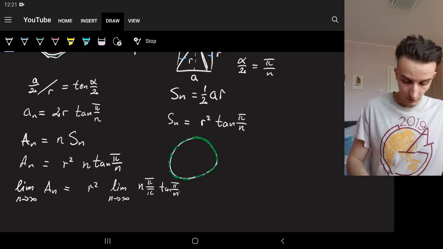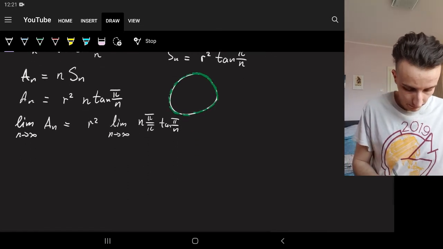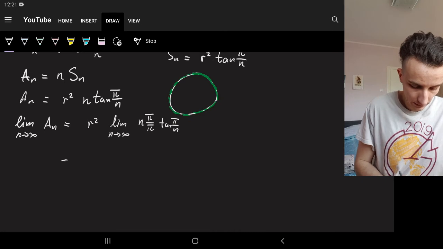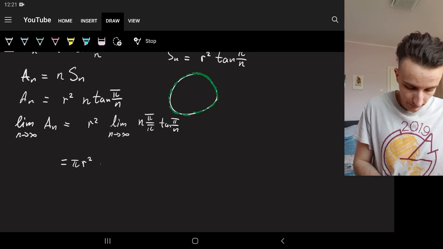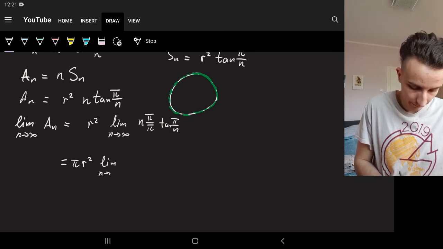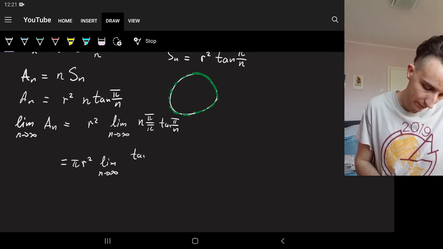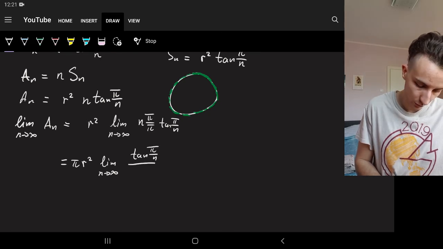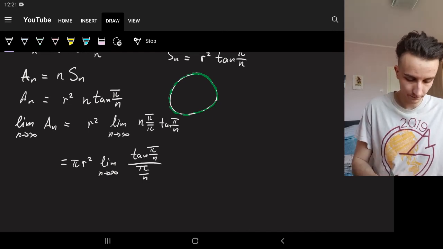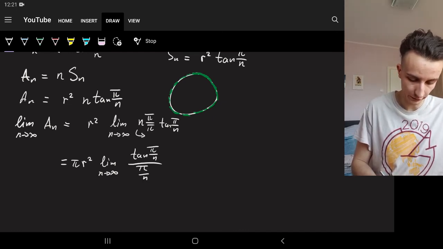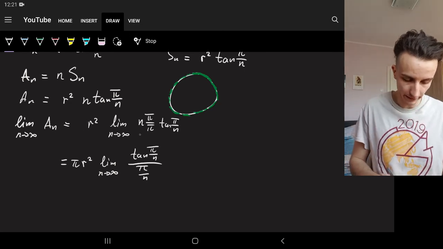Okay, now I want to look at this quantity. I'm going to take one of the pi's out, so I'm going to have pi r squared times the limit as n goes to infinity, and now I'm just going to manipulate this a little and write it like this, pi over n. So you can see I just took this n down to the denominator and then made the inverse.